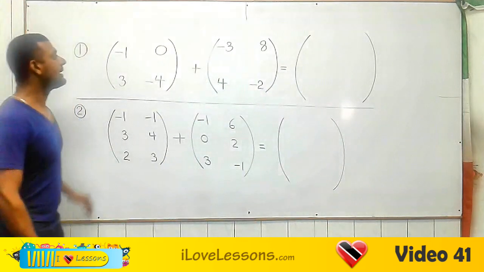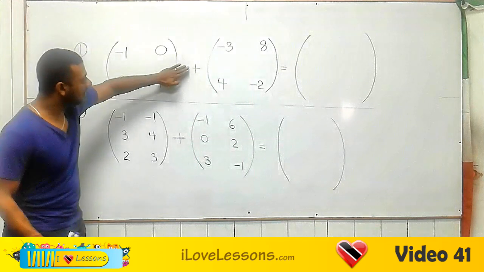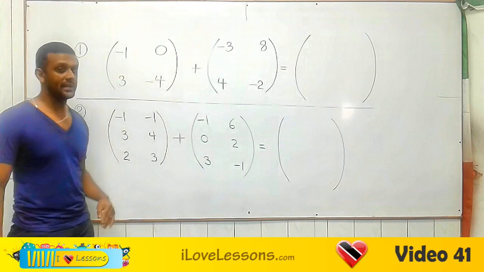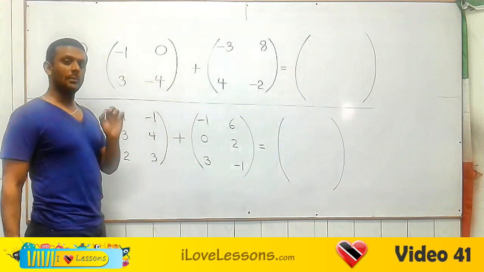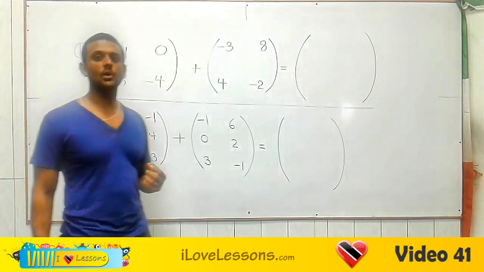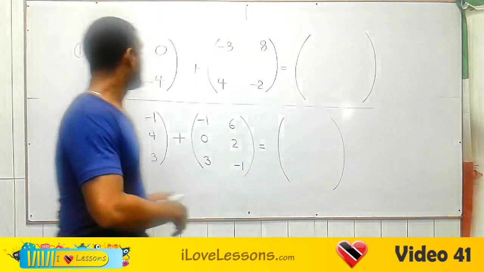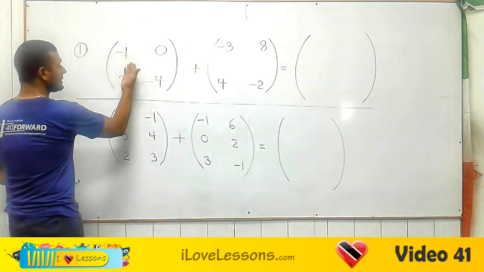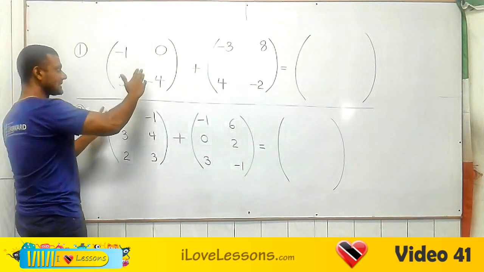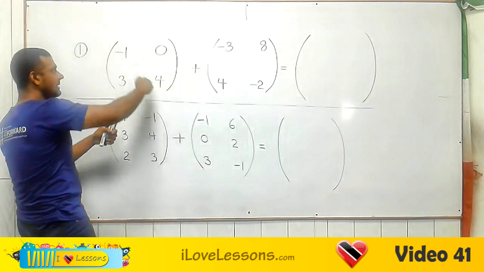So on the board here, we have two separate questions. I'm going to handle the addition of matrices first. But before I get into that, I want to describe something called the size of a matrix. Now, over here on the board, I want you to think of a matrix as being horizontal and vertical.